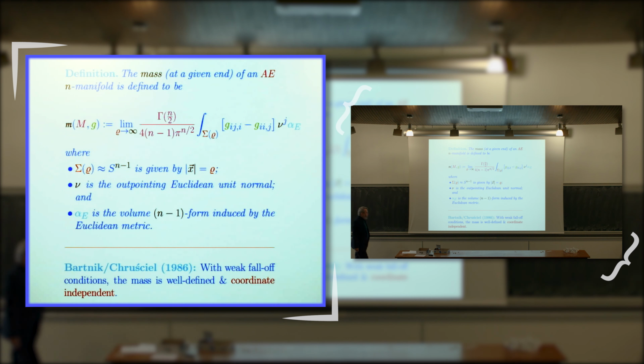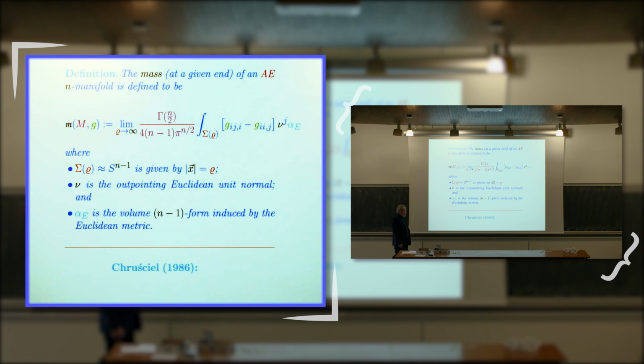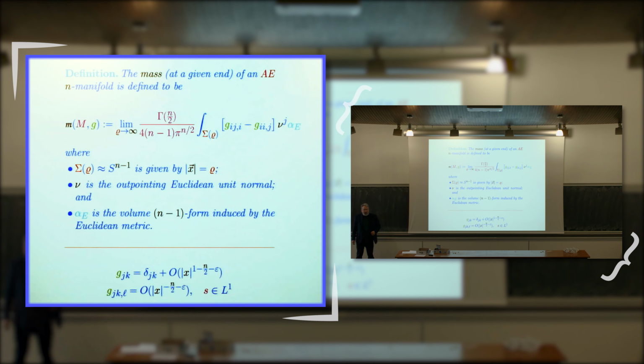And Bartnik worked with weighted Sobolev spaces of functions; the key thing is he needed to show that you could find preferred coordinates by demanding that they be harmonic. All right, so Chruściel's hypotheses are exactly the ones that I've shown you. And what he showed was simply that this mass is invariant under a large class of coordinate changes that preserve the fall-off type of the metric.